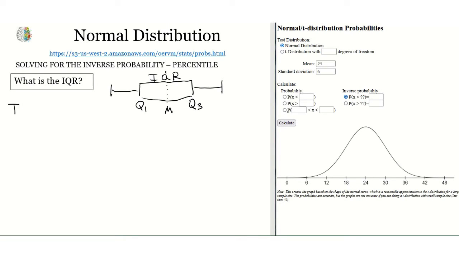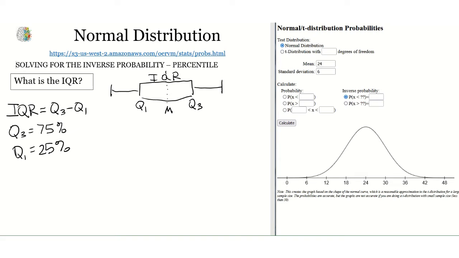The IQR is the middle 50%, and we get that by taking the third quartile minus the first quartile. The third quartile is 75%, and the first quartile is at 25%.